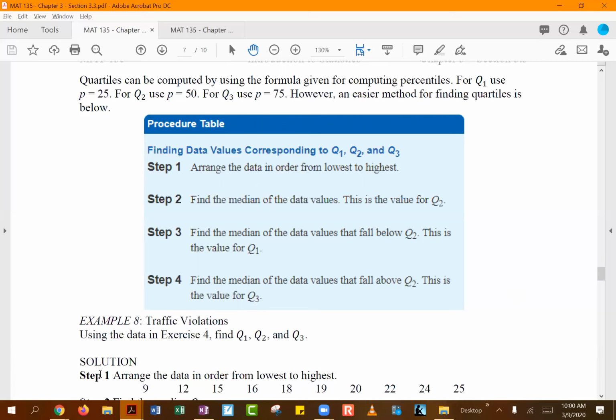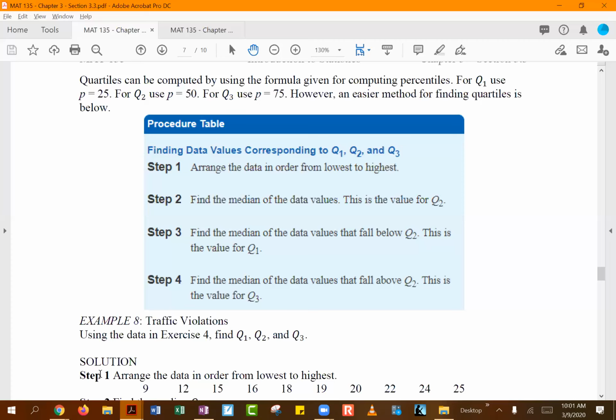So set your data from smallest to largest and find the median, quartile 2. Now we've broken up our data set into two parts. Between the smallest value and the median, find the median again, which would be quartile 1. Between quartile 2 and your highest data value, find the median again, which would be quartile 3.